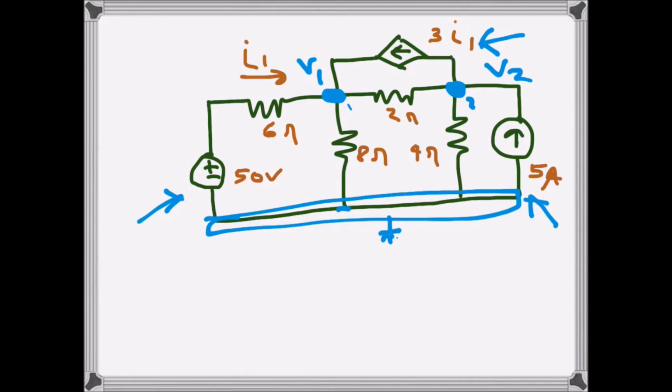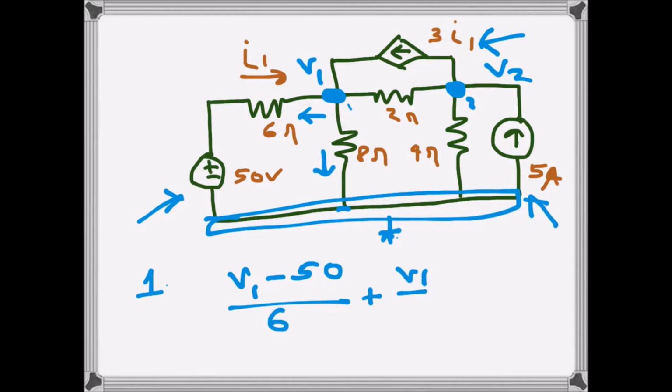First let's write for node 1. Instead of using I1, which is an entering current, let's write all the currents as leaving currents, and instead of I1 we will write in terms of V1 for this branch. That will be (V1 minus 50) divided by 6. Then this current will be V1 divided by 8, because this is V1 minus 0, this is ground.